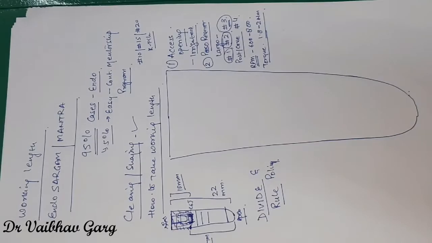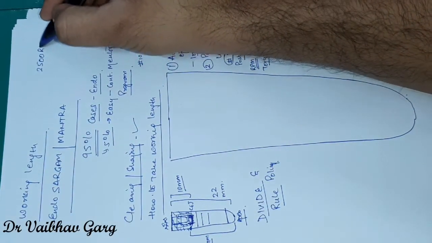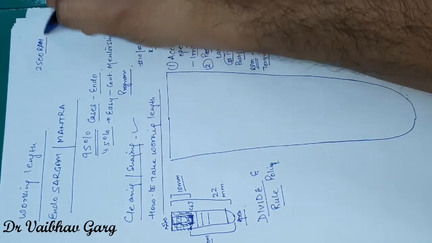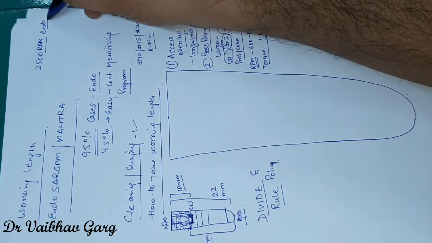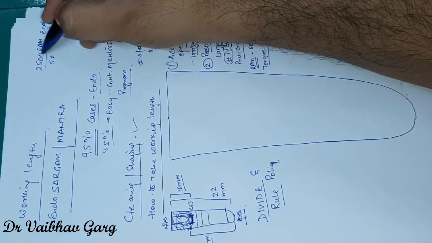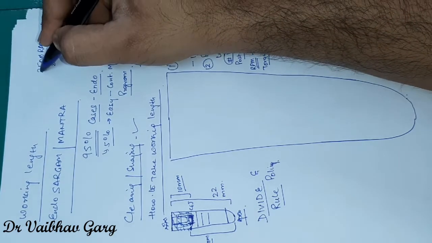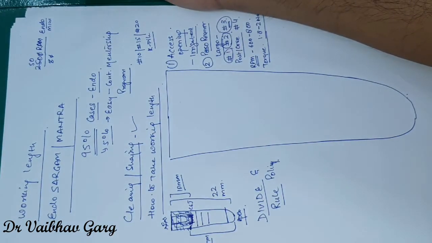That means if the minimum RPM of endo motor is 2500, so let us divide 2500 RPM of endo motor or the micromotor handpiece with the ratio of 50. So at least 50 times it will reduce the speed.